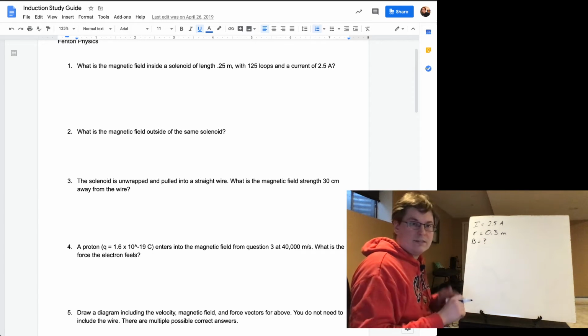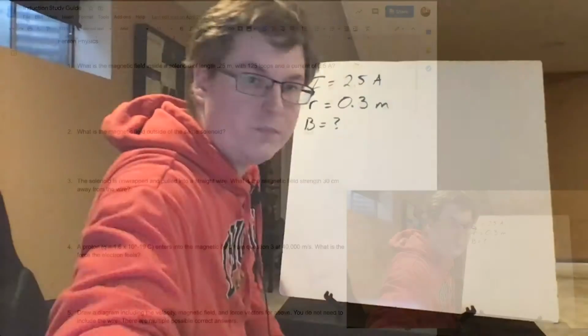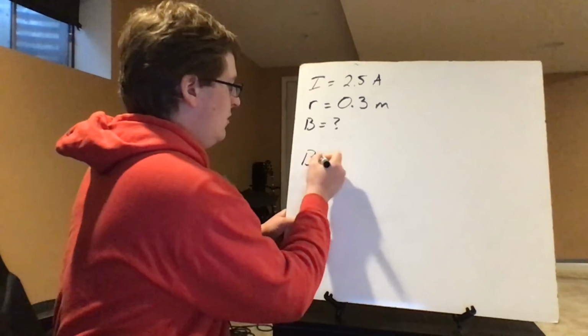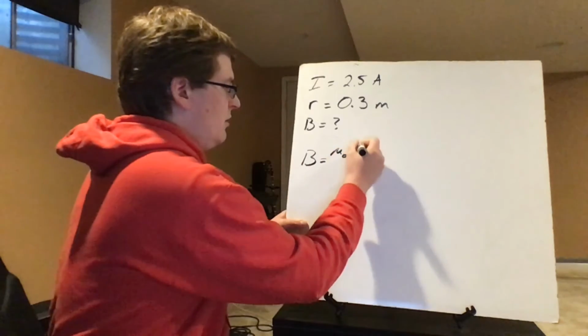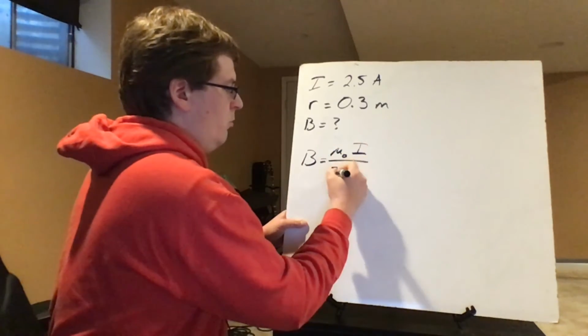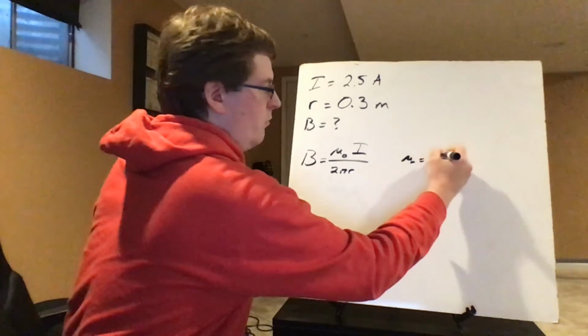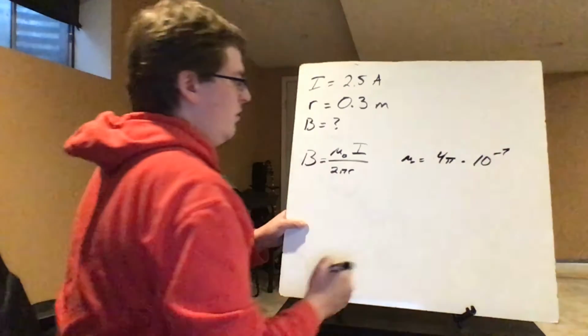So with all that said, I can plug it into my equation and solve it, hopefully without too much stress. The magnetic field at some distance away from a straight current carrying wire is mu naught times the current divided by 2 pi r, where mu naught is equal to 4 pi times 10 to the negative 7th.